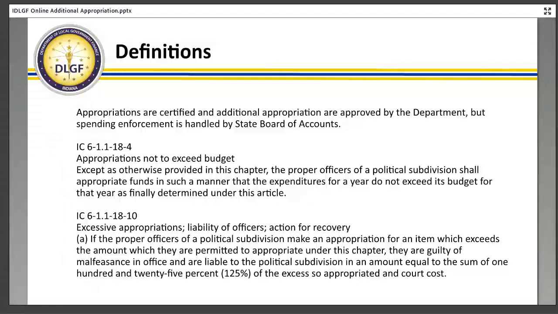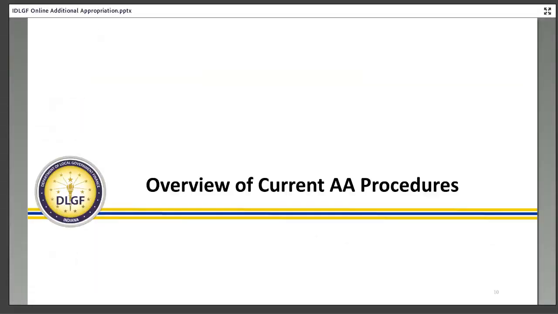If during the course of an audit, the State Board of Accounts was able to identify that you had a budget of $100, but you spent $110, and there was no additional appropriation to explain that additional $10 of spending, it would ultimately be State Board of Accounts that would include a finding on their audit report.